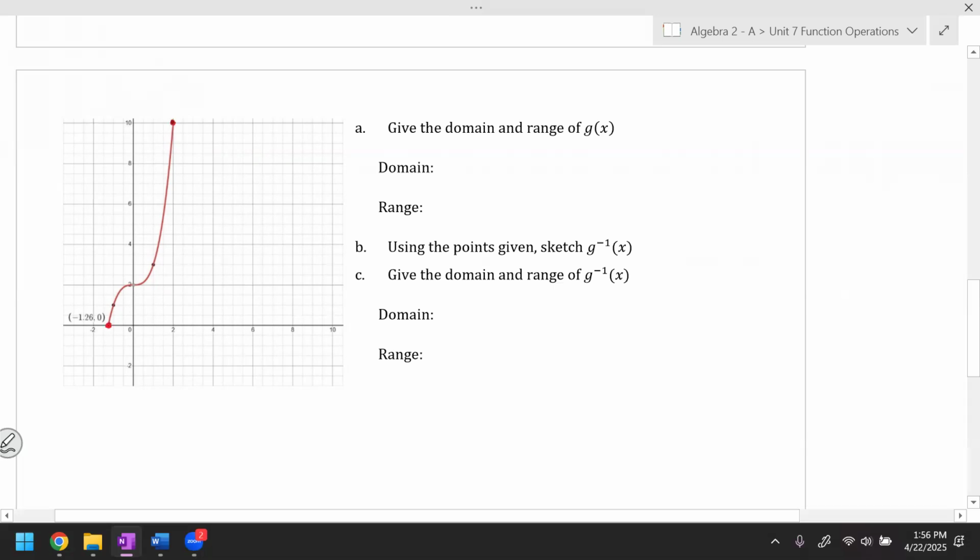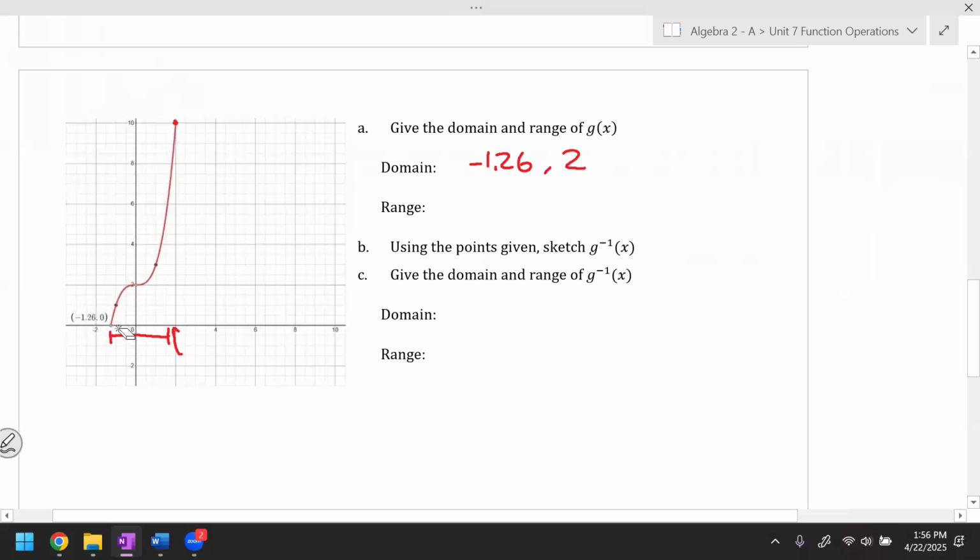It ends there and there. So the domain is all of the x values that the graph covers. Well, what are they? It's labeled for us, negative 1.26. And then the top one looks like it goes all the way up to 2.